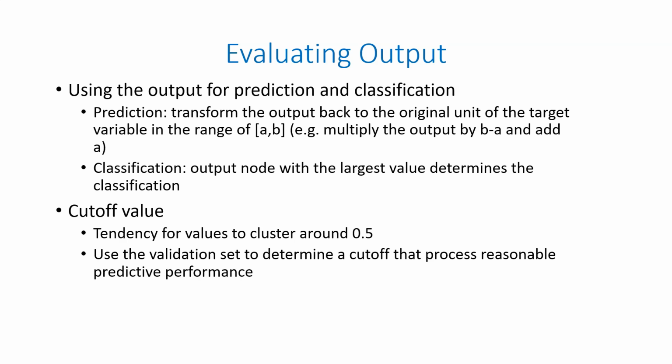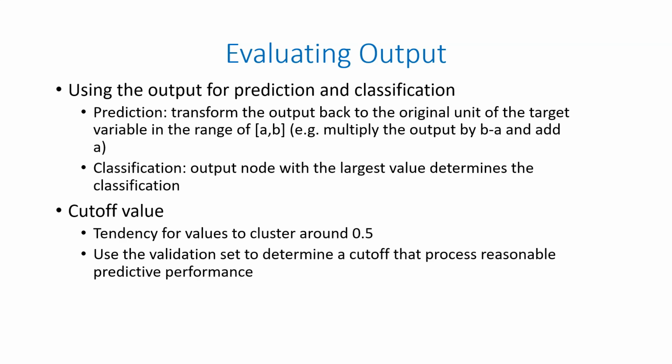Once the neural networks model is constructed, you can apply the model to a new set of data to predict their outcomes. The outputs of the neural networks would be values produced by the nodes in the output layer.